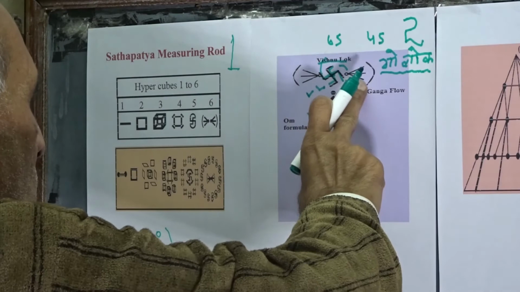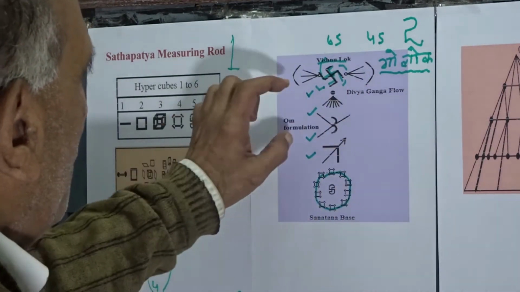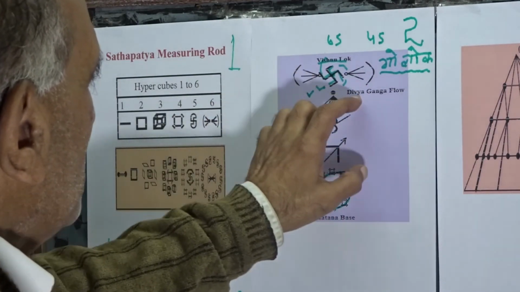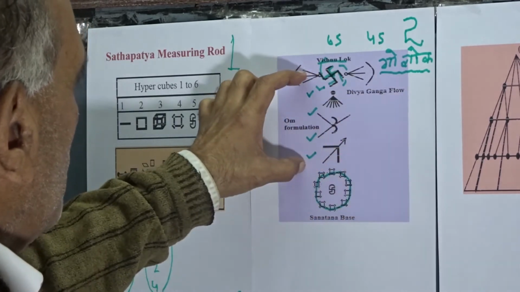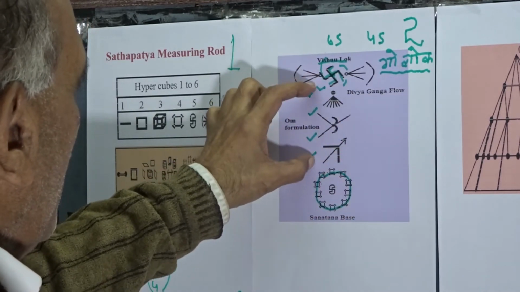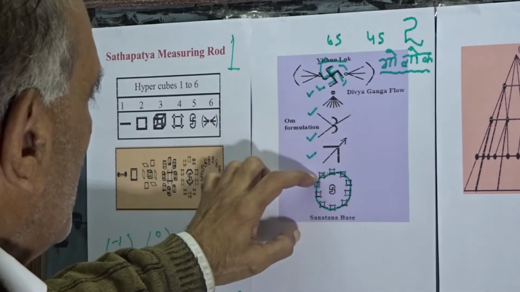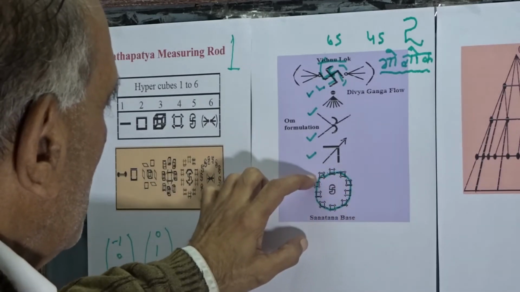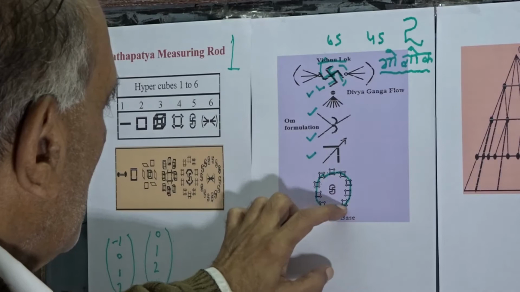From Golok there happens to be a flow, a Jyoti flow, as a Divya Ganga flow along the soul syllable Om, and it ultimately fulfills the Sanatana base, the eternity base, the transcendental base.